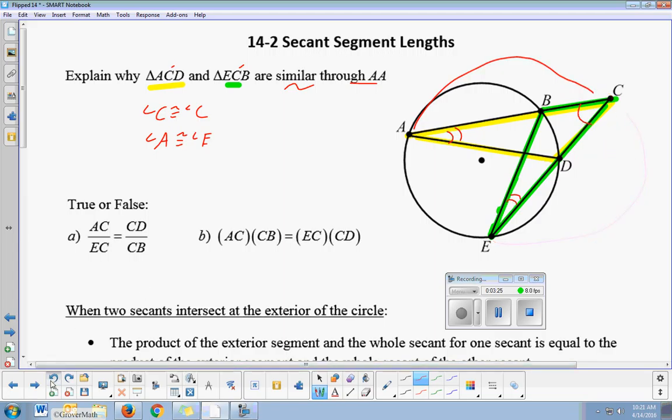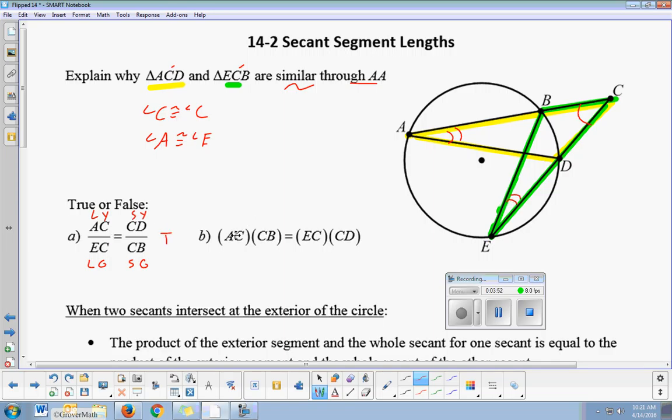AC is the longest side of the yellow triangle over the longest side of the green triangle, and then CD is the shortest side of the yellow triangle, and BC is the shortest side of the green triangle. So yes, they would be proportionate. So that does work out. This is a true statement.